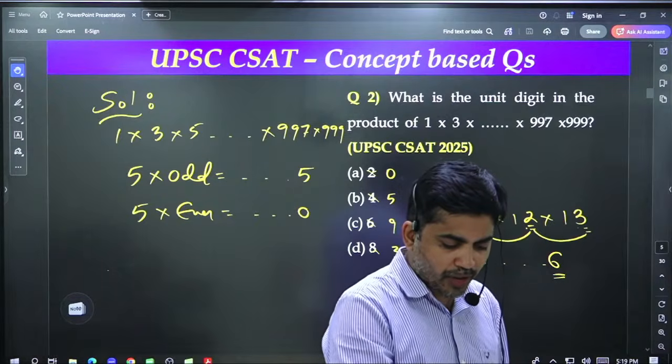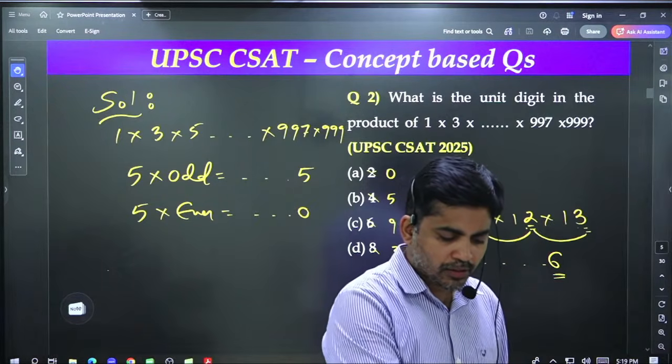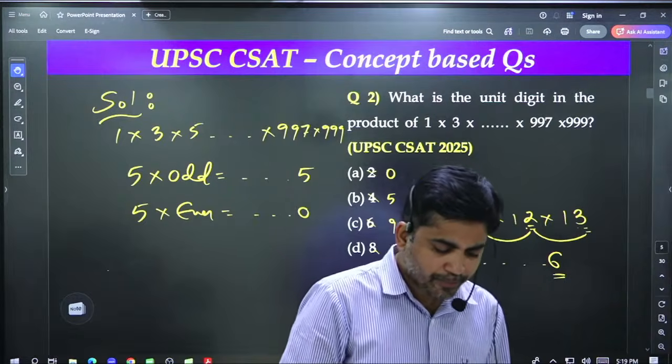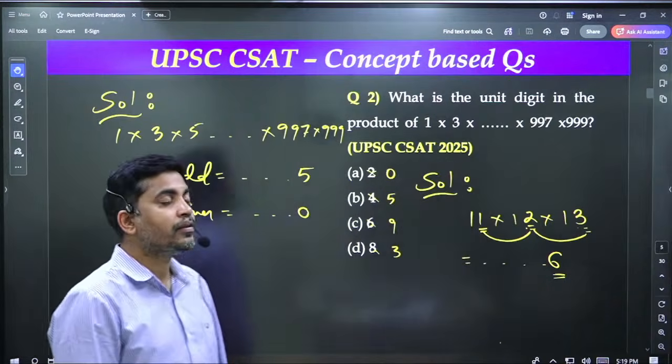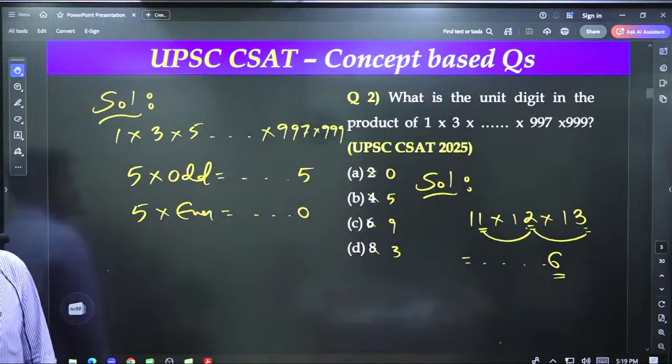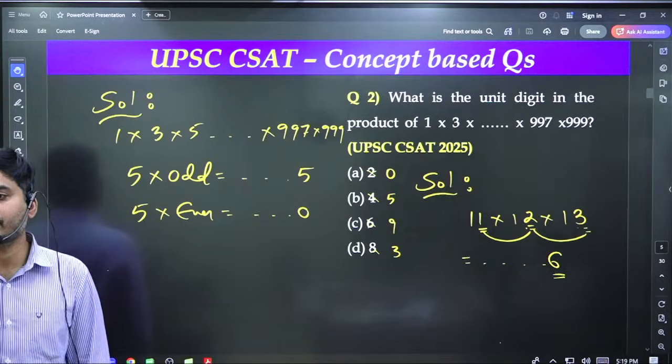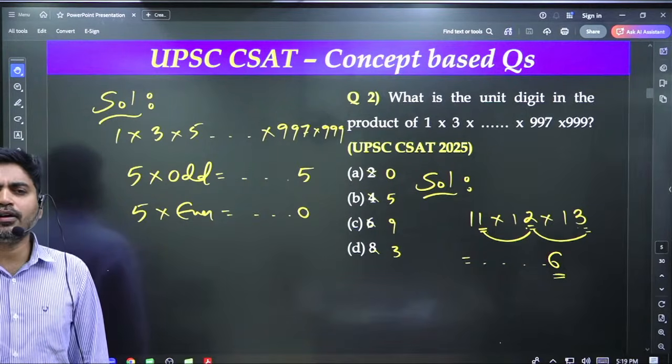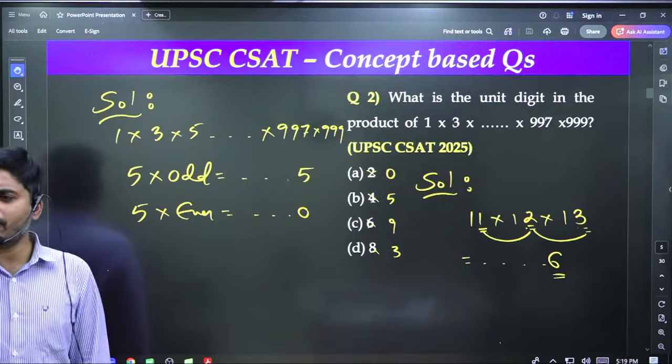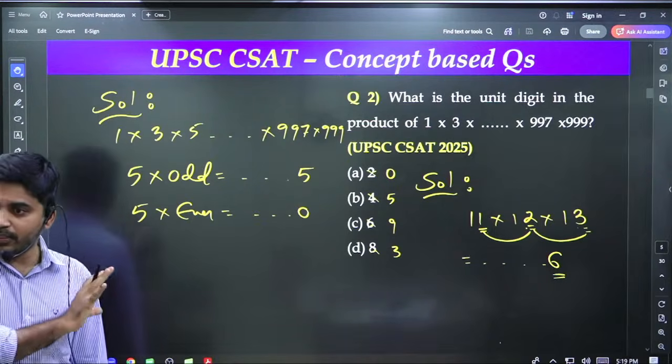Online students, if you have any doubt, please type in the comment box, okay? I'll respond. Almost every year, different types of questions are asked based on this concept.